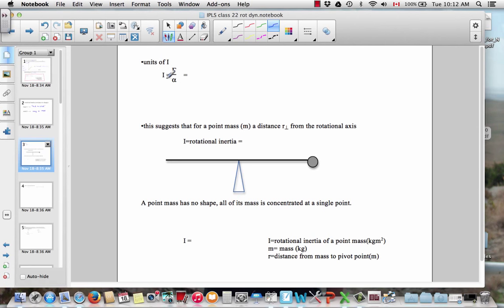Now, what are the units of that? Well, as the slope of the torque versus angular acceleration graph, it'll just be the ratio of torque units, which is Newton meters, over angular acceleration units, which is rads per second squared. Now, a rad is just a placeholder, so meters over rads is just meters. So this becomes Newton meter second squared. A Newton, however, as a force, is a mass times an acceleration.